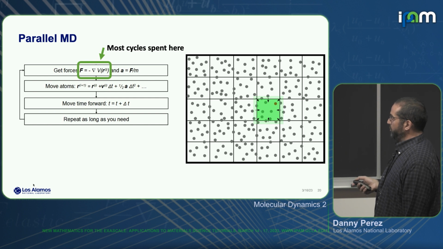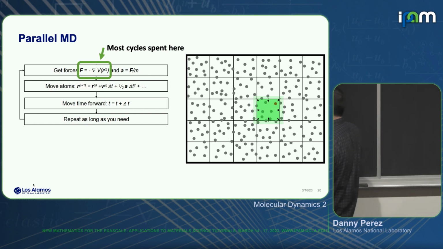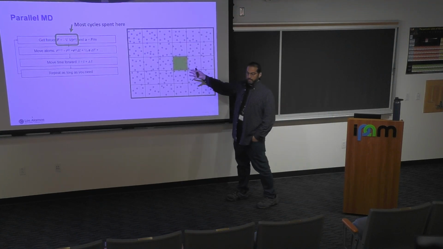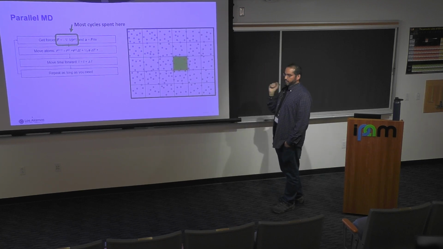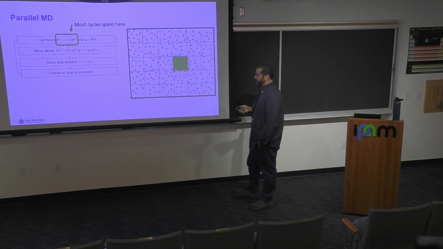And each GPU or core owns a subdomain in the system, and they're in charge of computing the atoms in their own subdomain. But the tricky part, of course, is that if I want the force on this guy, it will depend on the position of atoms in different subdomains. So at every time step, you're going to have to exchange your boundary positions back and forth between all of these domains.